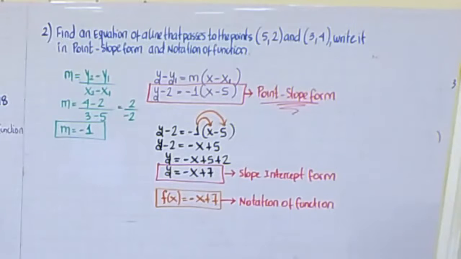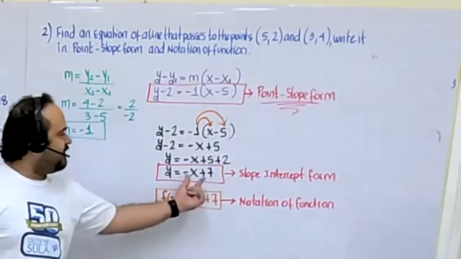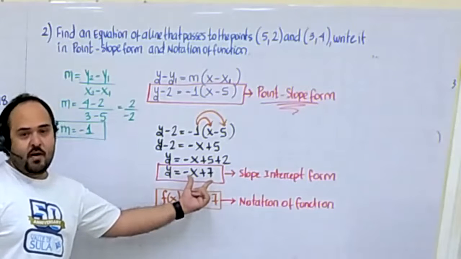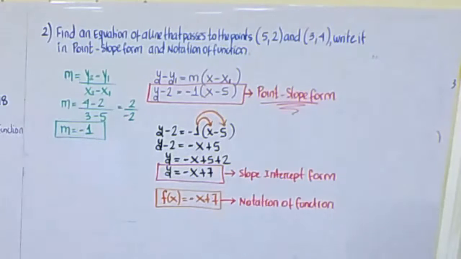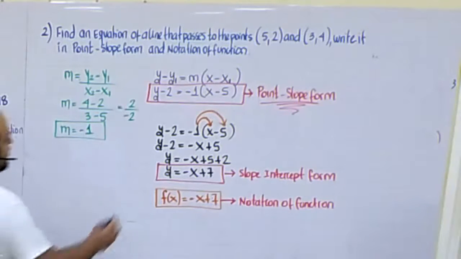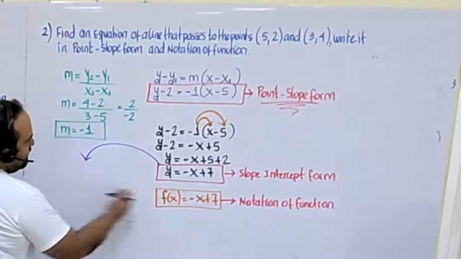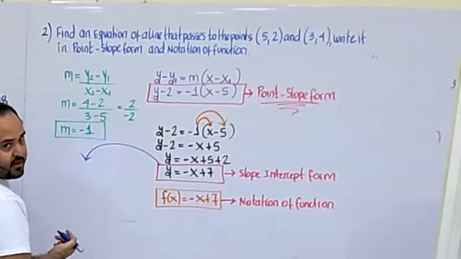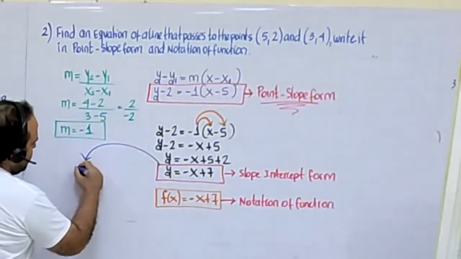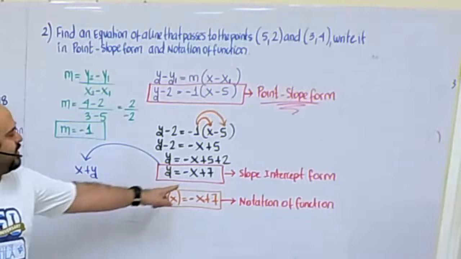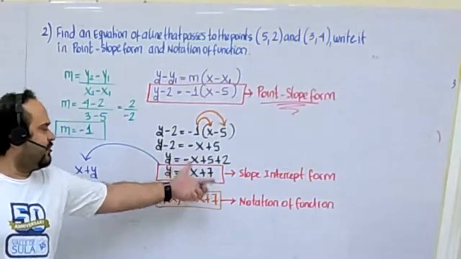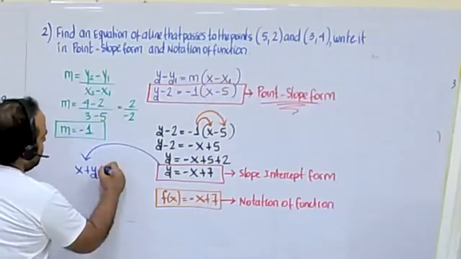And finally, if you really want to write the equation of the line in the general form, well, simple. We have to move, in that black equation, both terms to the left side, and the equation is supposed to be equal to 0. If you see the letter X is subtracting, it passes to the left side by adding. X plus Y, and the number 7 is adding, so to move it to the left side, just subtract.